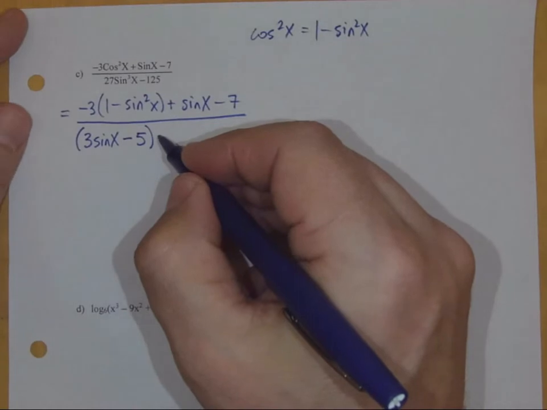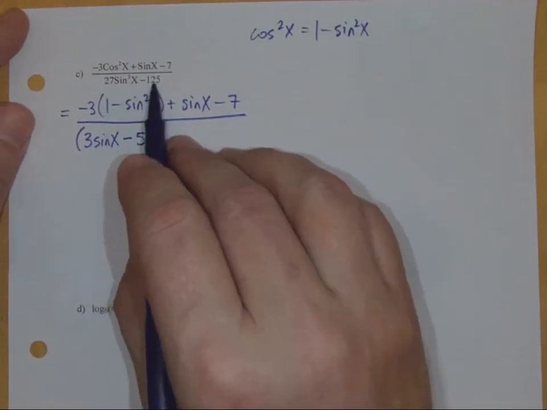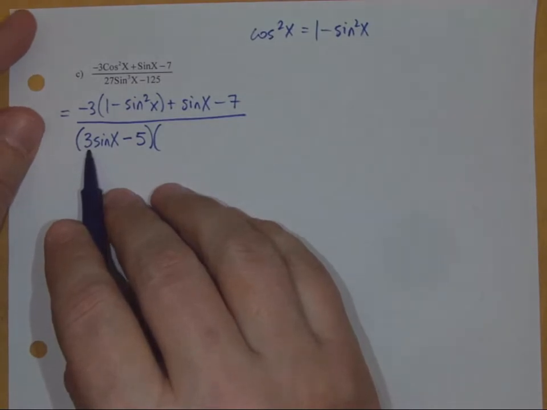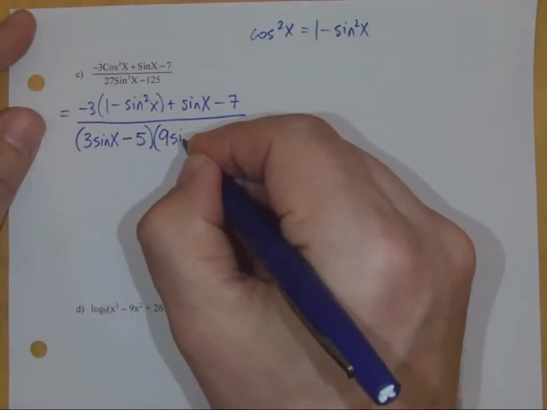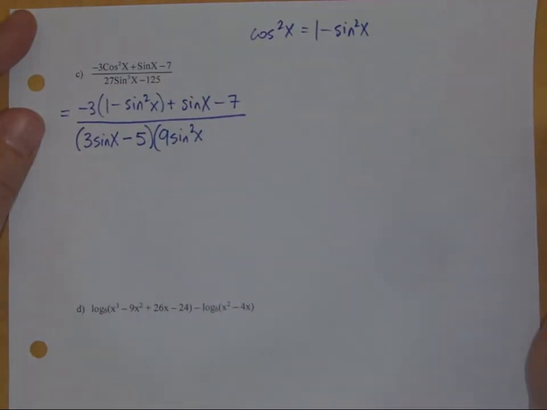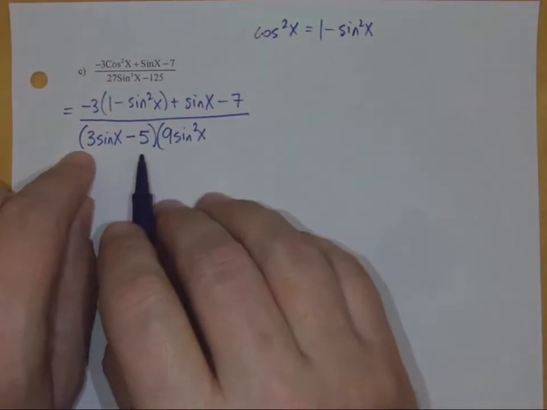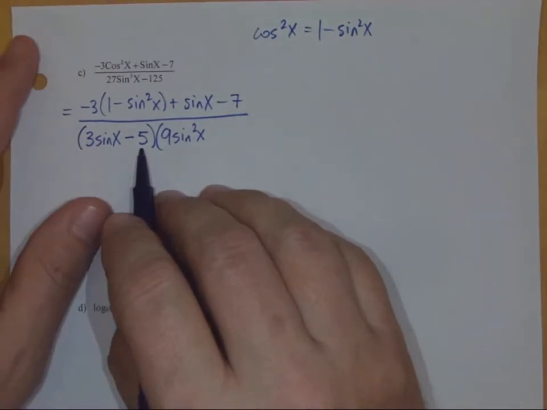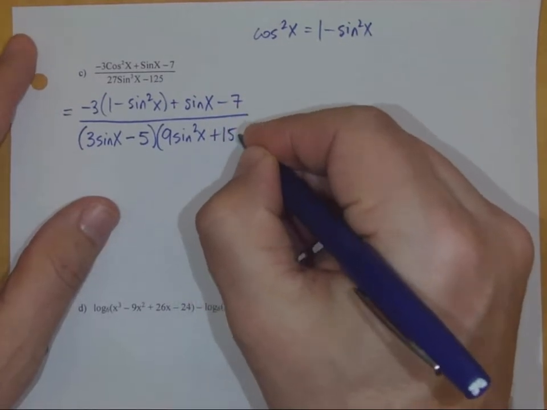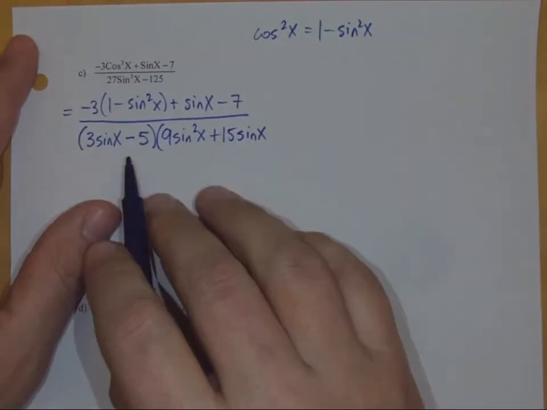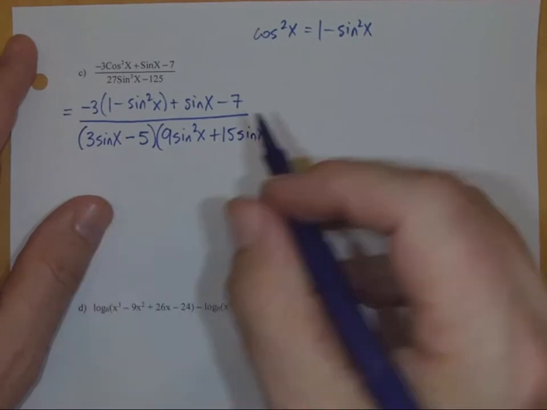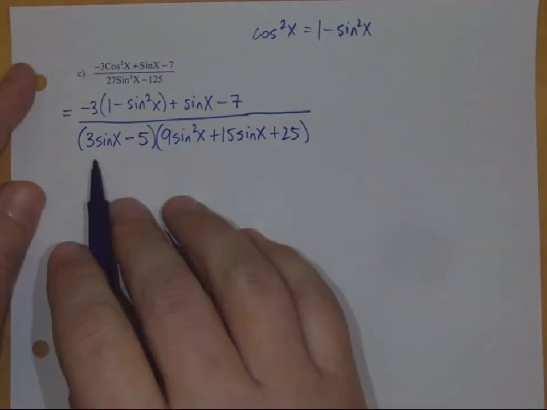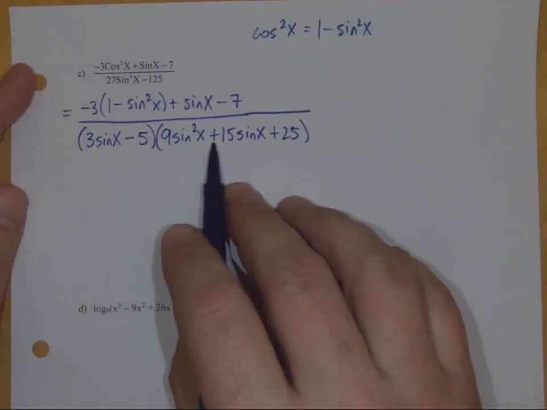In order to get the rest of this factored version of a difference of cubes, we square the first term, and the first term squared is 9 sine squared x. Then we multiply the first and the second term together. That's negative 15 sine x times negative 1 plus 15 sine x. And finally, we square the last term. Negative 5 squared is plus 25. So that's me factoring the bottom as a difference of cubes.